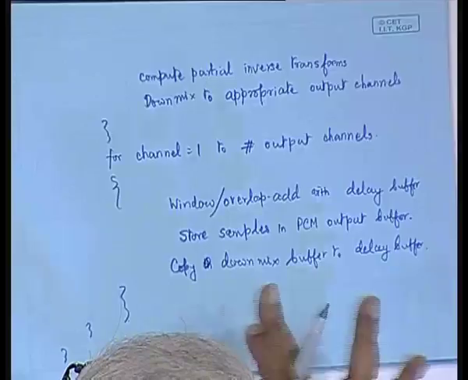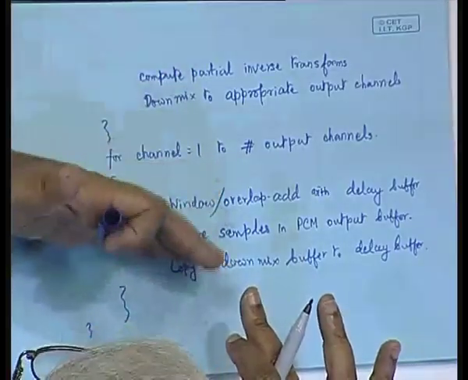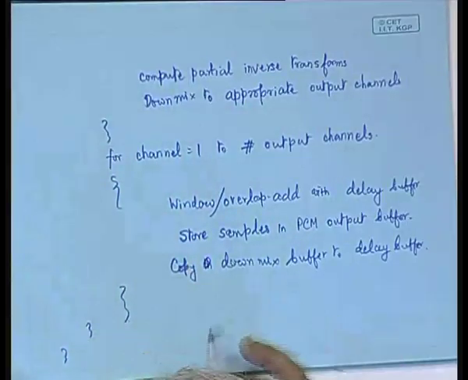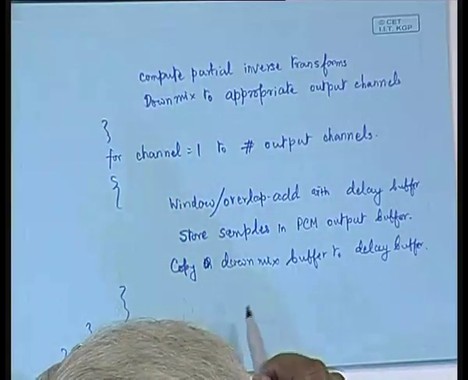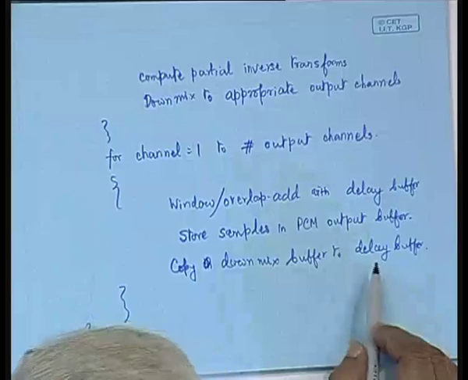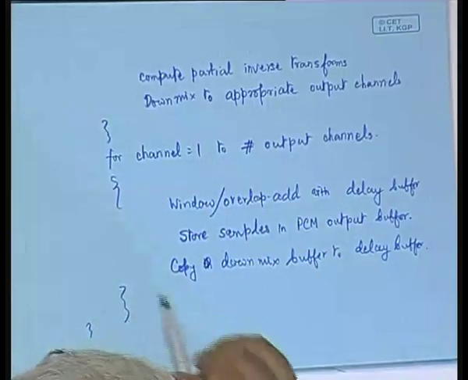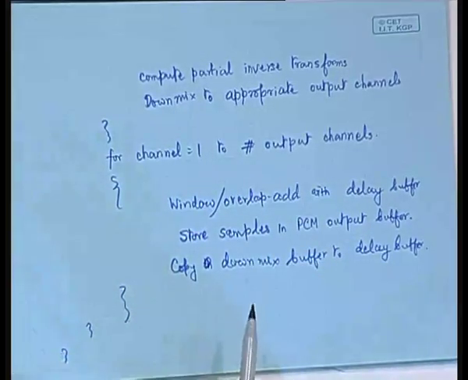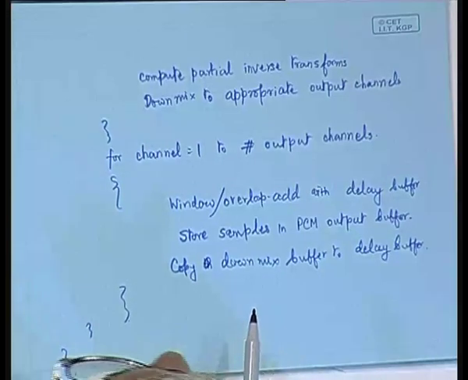Now, forget about the down mixing part, which I will be explaining to you separately. That is why this down mixing and delay buffering may not be very clear to you immediately, but all that I want to say is that the basic idea is to encode the mantissa and the exponents for each of the audio channels.